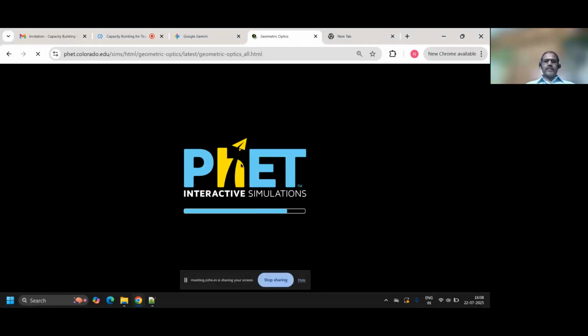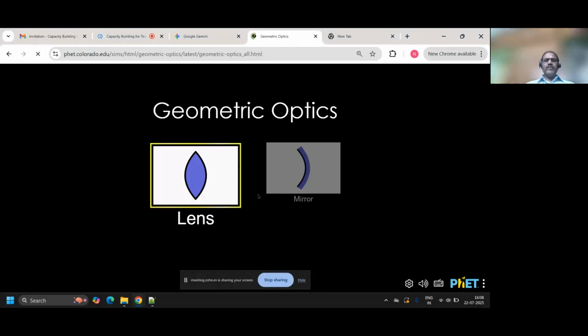In optics, you will always see lenses and mirrors. One works with the concept of refraction, one works with the concept of reflection. And again, convex, concave, bi-convex, bi-concave. All these things are pretty standard.